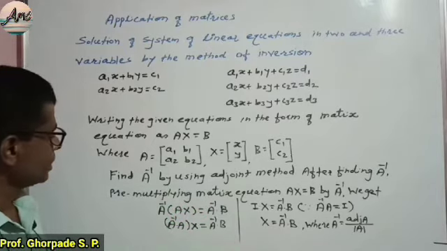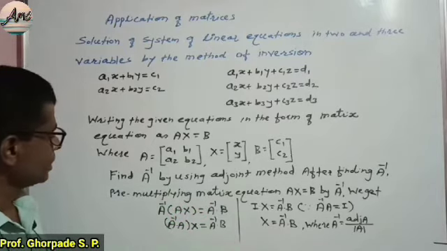So this can be further written as A inverse A into X is equal to A inverse B as it is. But in the definition of the inverse of a matrix, we have seen that A inverse into A is equal to I. So this A inverse A is replaced by I, so I into X is equal to A inverse into B.